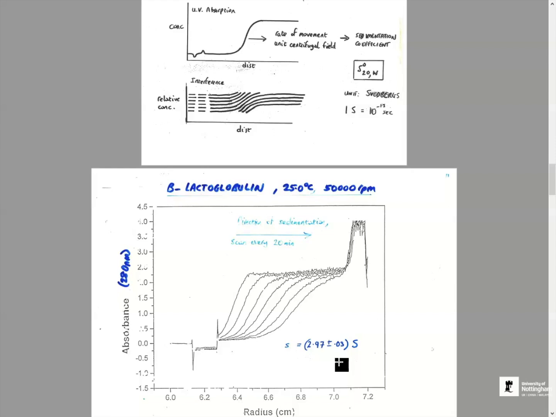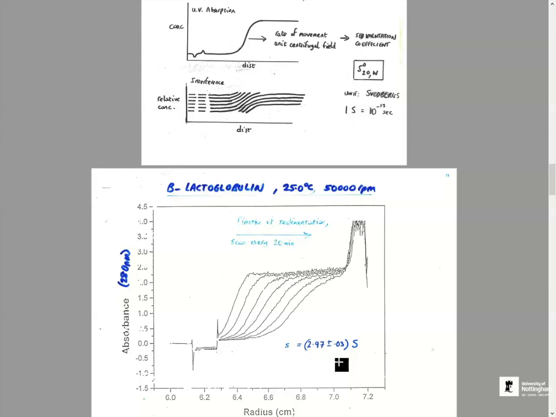So this is beta-lactoglobulin at 25 degrees centigrade, 50,000 RPM. The direction of sedimentation is this way, and we've scanned every 20 minutes. So this sedimenting boundary has been scanned every 20 minutes.